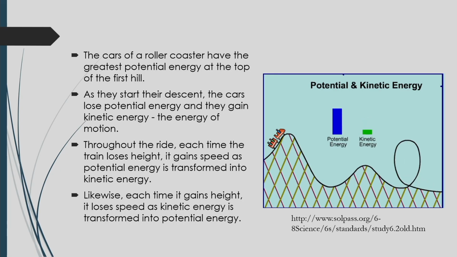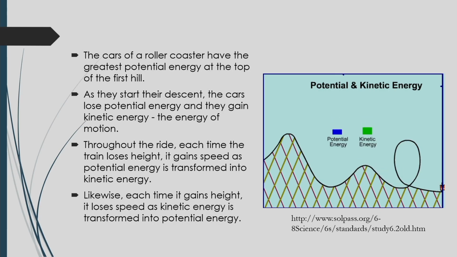to kinetic energy. Let us see the cars of a roller coaster. They have the greatest potential energy at the top of the first hill. As they start their descent, the cars lose potential energy and gain kinetic energy, the energy of motion. See this in the video on the slides.